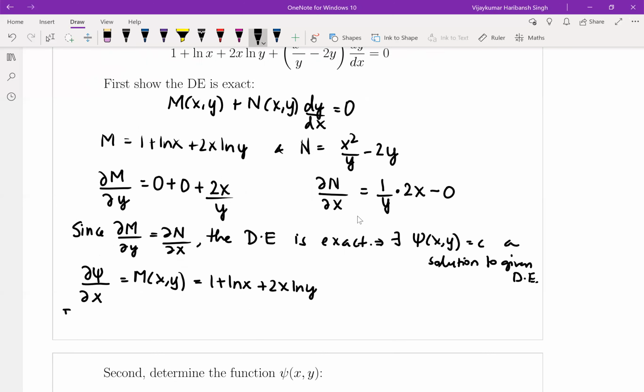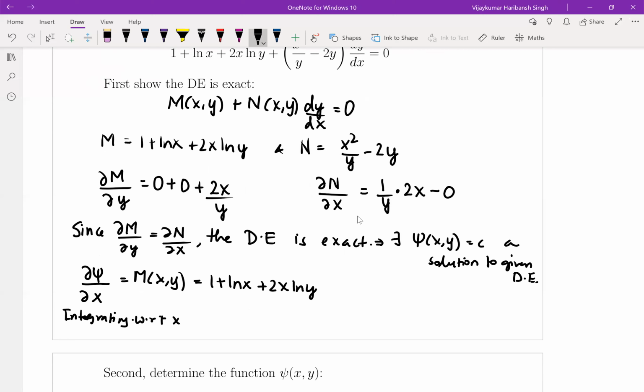So integrating with respect to x, we get phi of x,y equals the integral of 1 plus ln x plus 2x ln y dx. Now, integration of 1 with respect to x is x. Integration of ln x has to be done by parts.